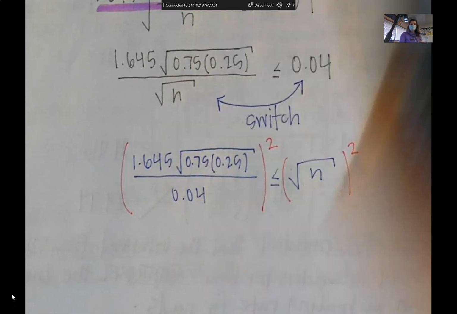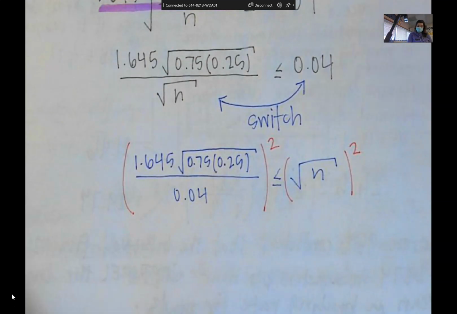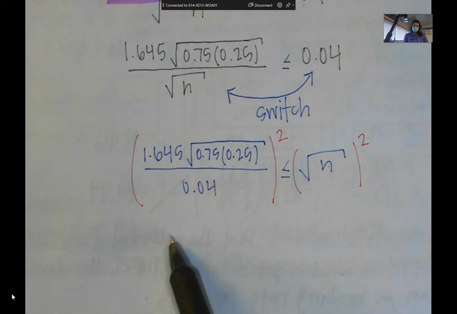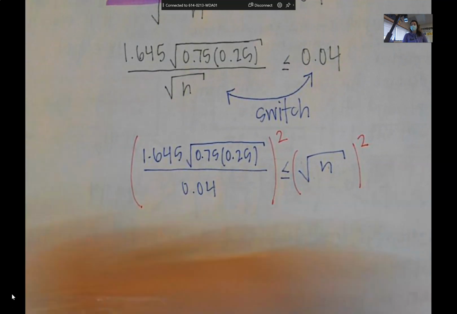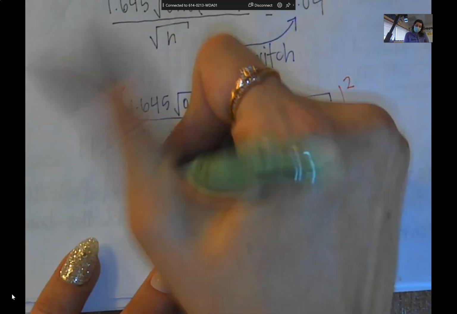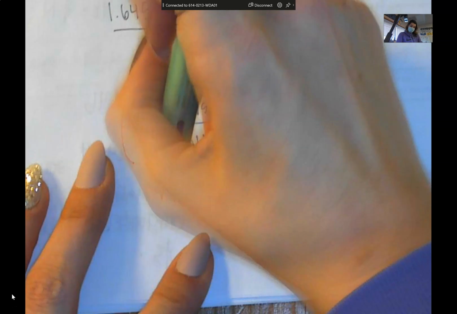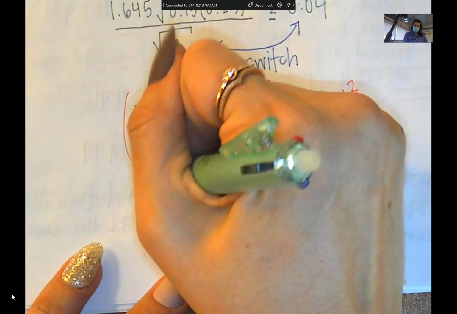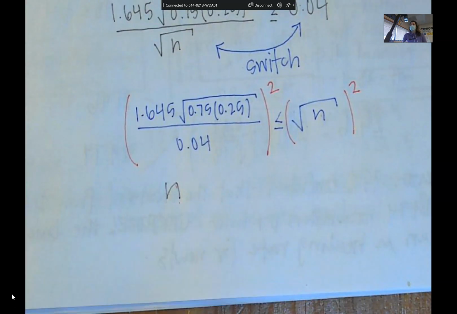I'm going to rewrite this so that n is on the left side now, because that's where I'm used to it being. Make sure that your inequality is eating the same thing.